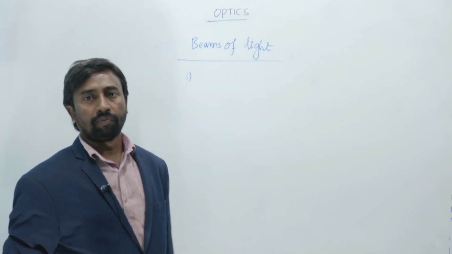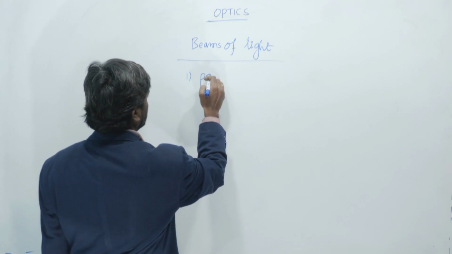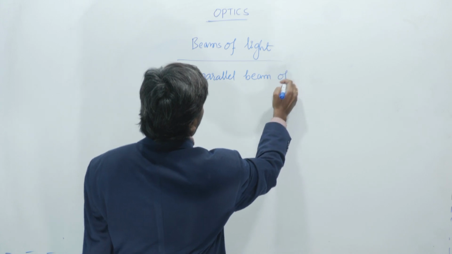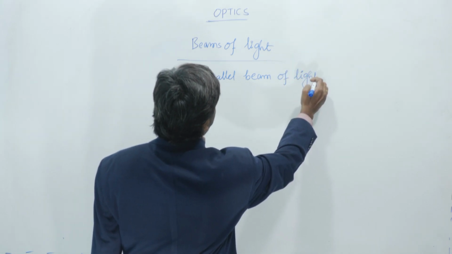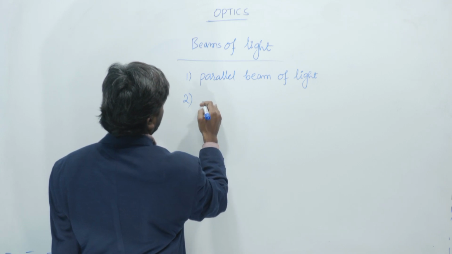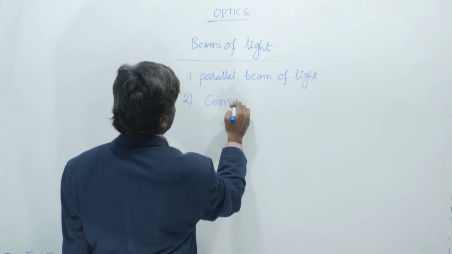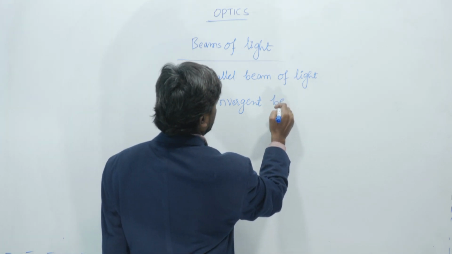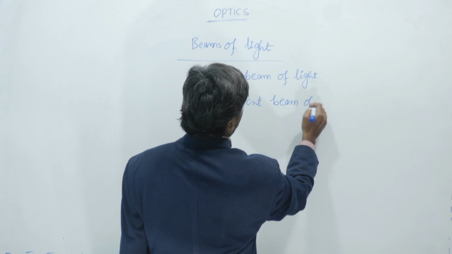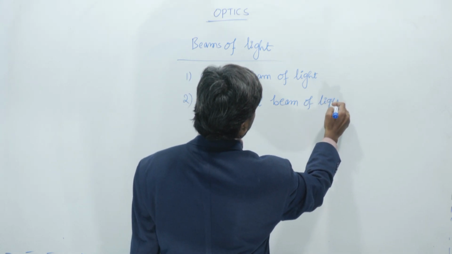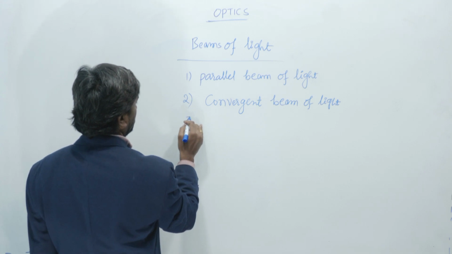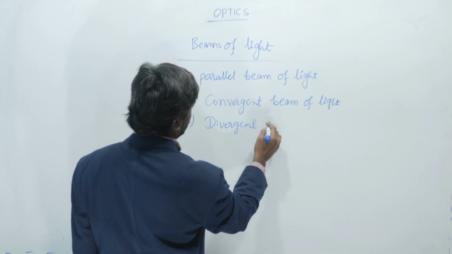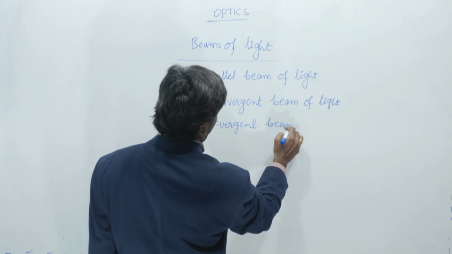They are the parallel beam of light, the second one is a convergent beam of light, and the third one is a divergent beam of light.